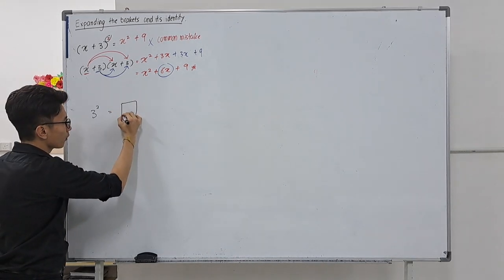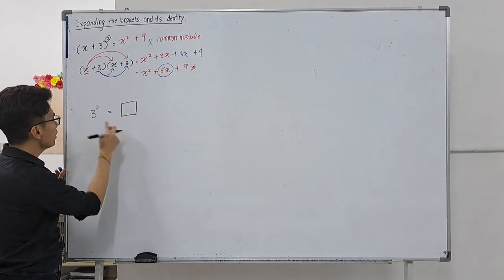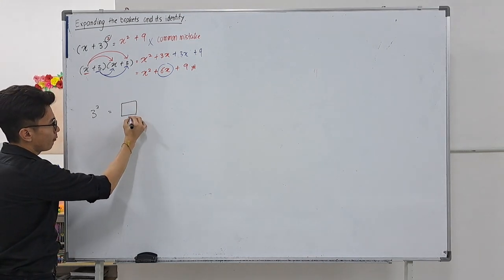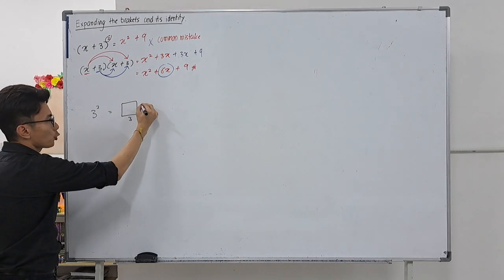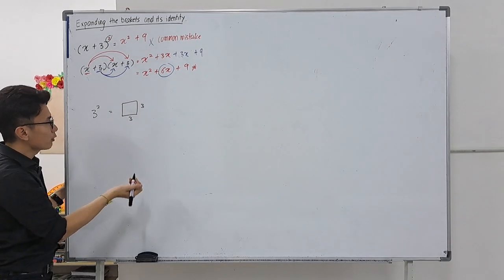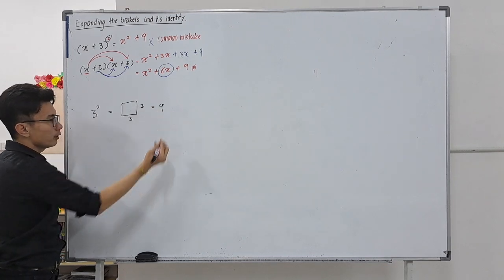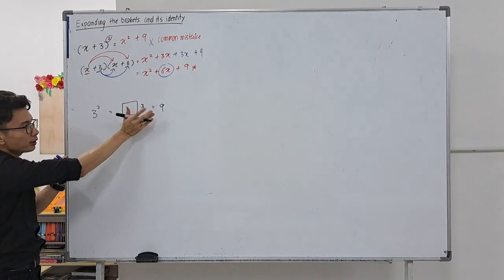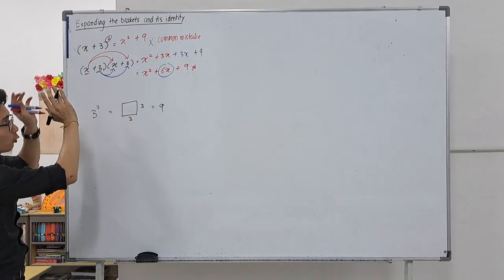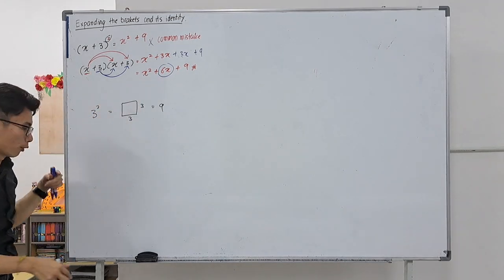A square with 3 as the base and 3 as the height has an area of 9. I'm going to use this understanding to prove where this 6x comes from.